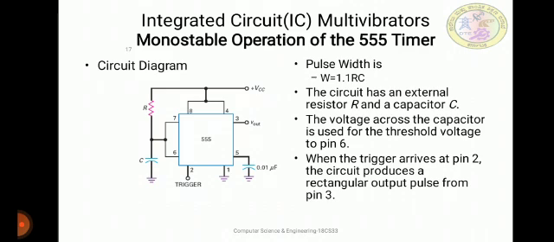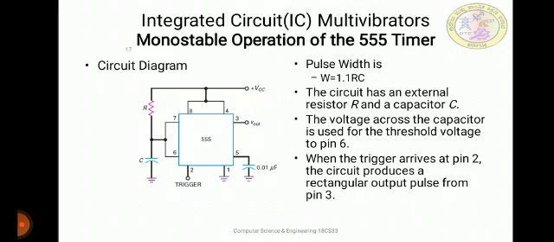The next type of multivibrator is the monostable multivibrator. When a negative pulse is applied to the trigger input, that is pin 2 of the monostable configured 555 timer, the internal comparator detects the input and sets the state of the flip-flop by changing the output from low state to high state.